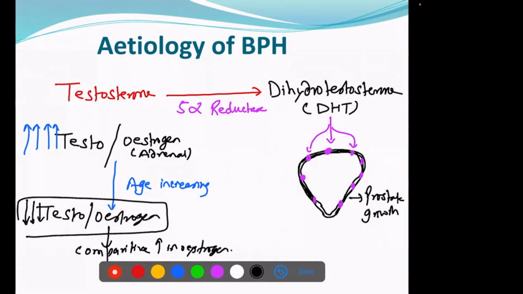Let me give an example. Suppose a male testis secretes around 100 testosterone and just 10 estrogen by adrenal gland per day. At the age of 60, 70, the testis is secreting only 50 testosterone per day, but estrogen is the same. So now, if you compare, the estrogen level is comparatively increased, because initially it was 10:100, now it is 10:50.